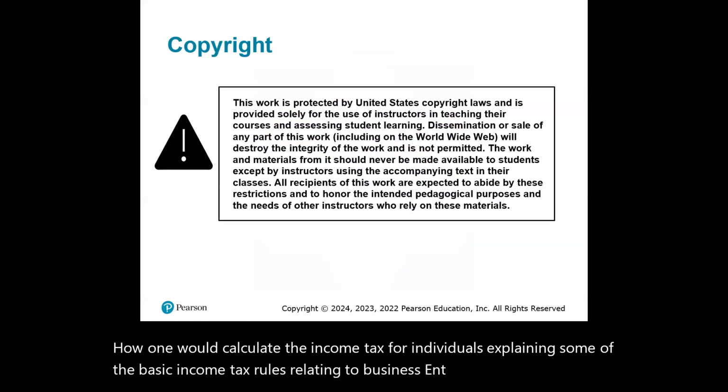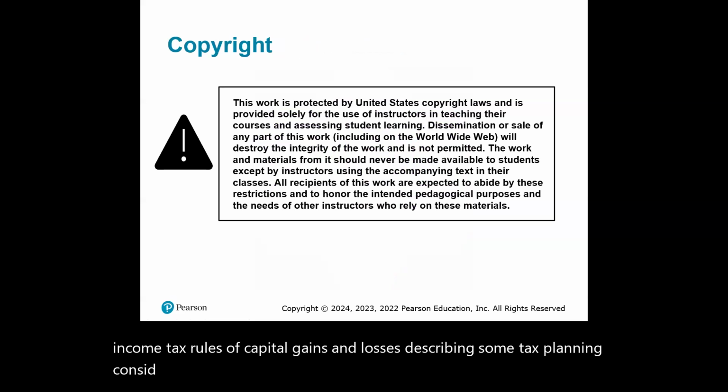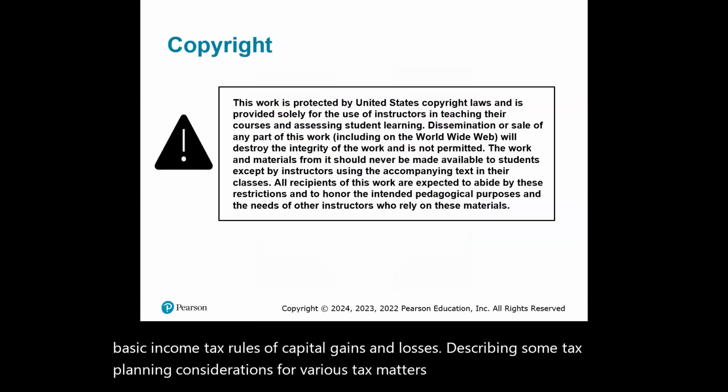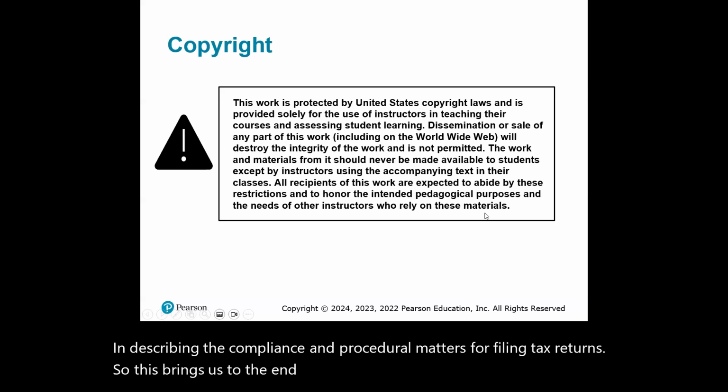We covered the basic income tax rules of capital gains and losses, described some tax planning considerations for various tax matters, and described the compliance and procedural matters for filing tax returns. So this brings us to the end of chapter 2, the determination of tax.